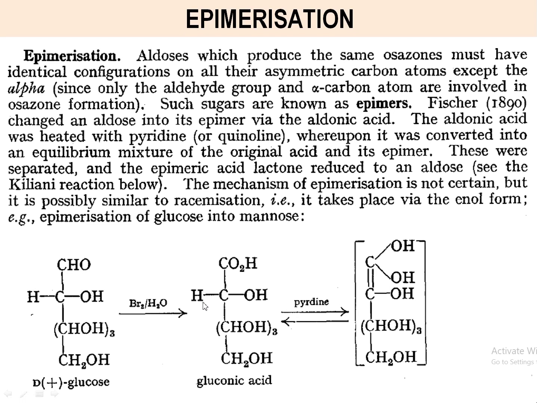Now, let us study how we will carry out this epimerization. In case of epimerization, we will take bromine water and carry out the oxidation of glucose to gluconic acid. After this oxidation, pyridine is added.